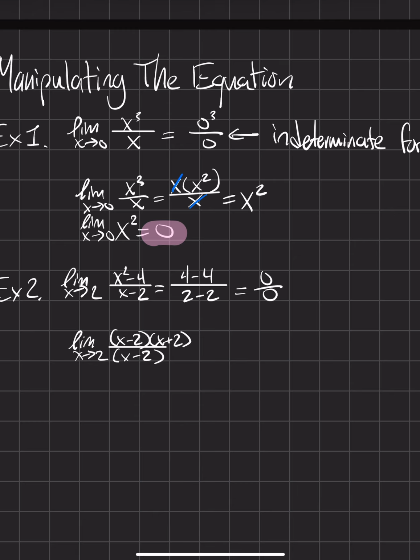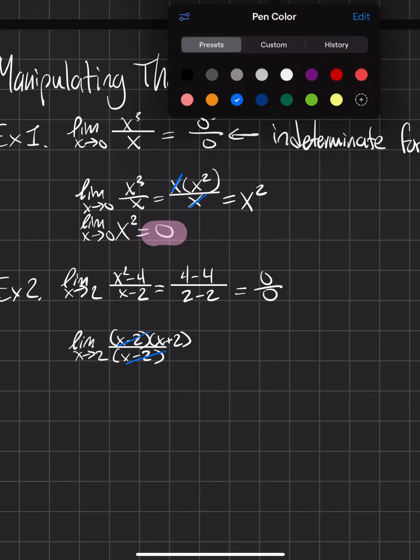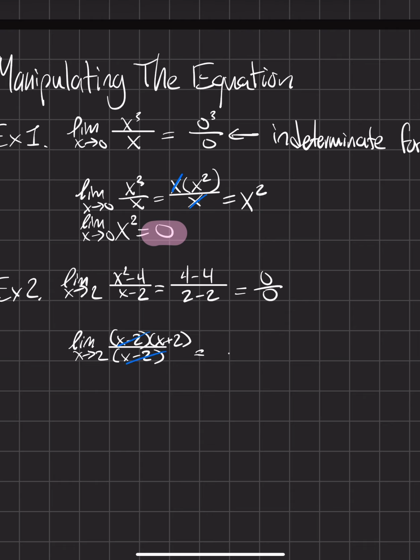And then, just like how we did in our last problem where we canceled terms out, we can cancel out our x minus 2 terms and then end up with x plus 2. And then the limit as x approaches 2 of x plus 2 is just going to give us 4. Then we can highlight that and say, boom, that's our answer.